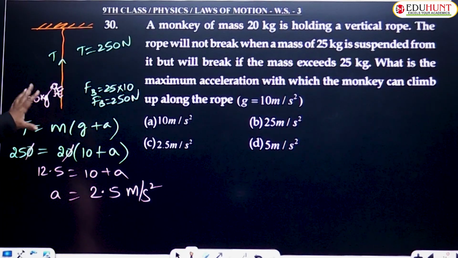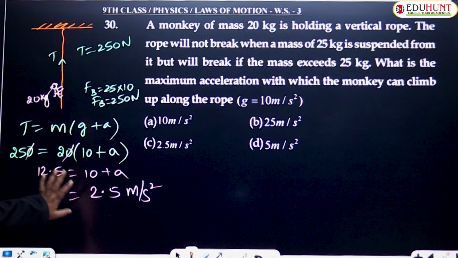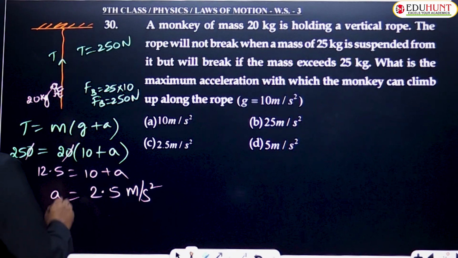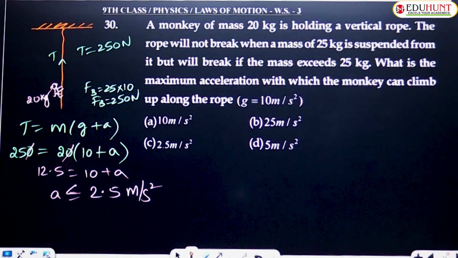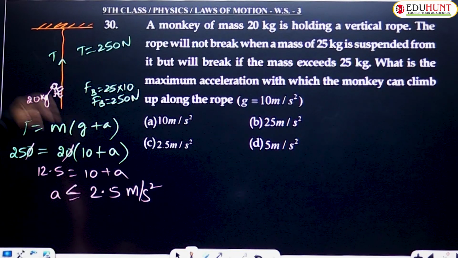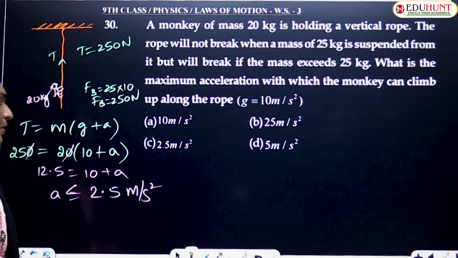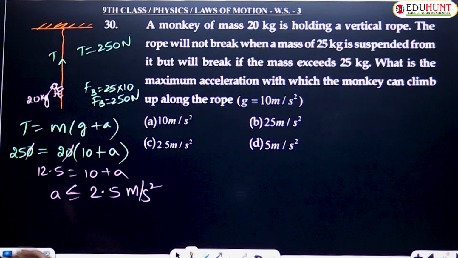So the rope will not break as long as it moves with an acceleration of 2.5 meter per second square or lesser. If a is less than or equal to 2.5 meter per second square, the rope will not break. If it exceeds this value, no doubt the rope will break.